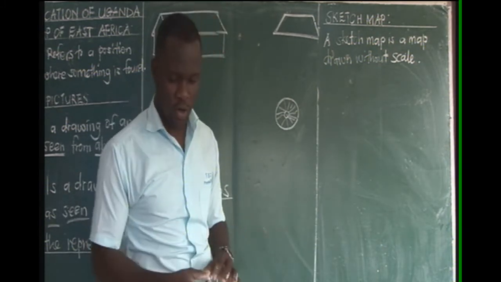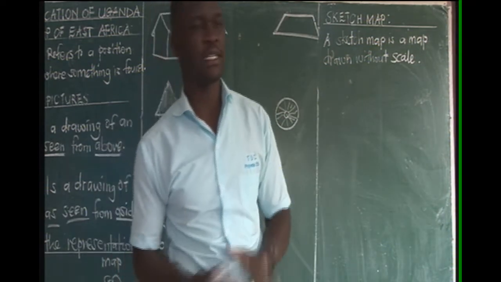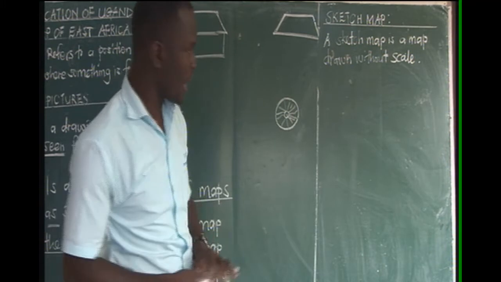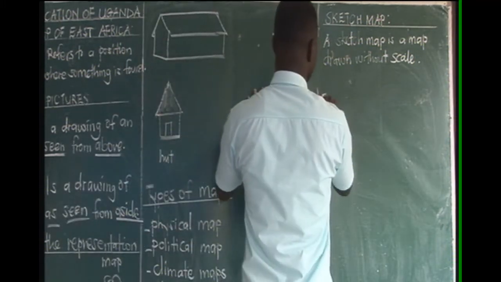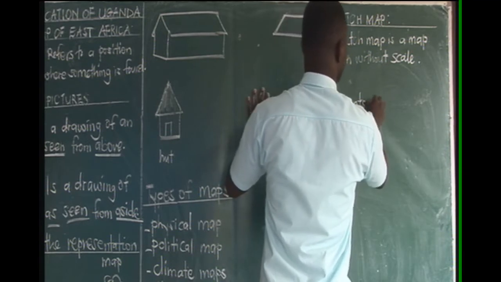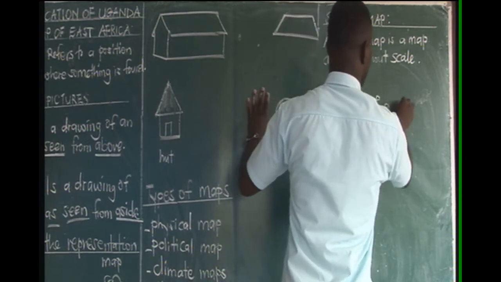For that, we go to another subheading that we looked at in the previous classes. Elements of a good map. Sometimes we can call these components of a good map.